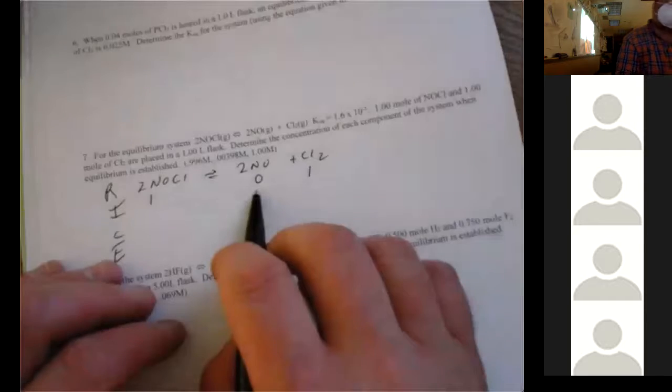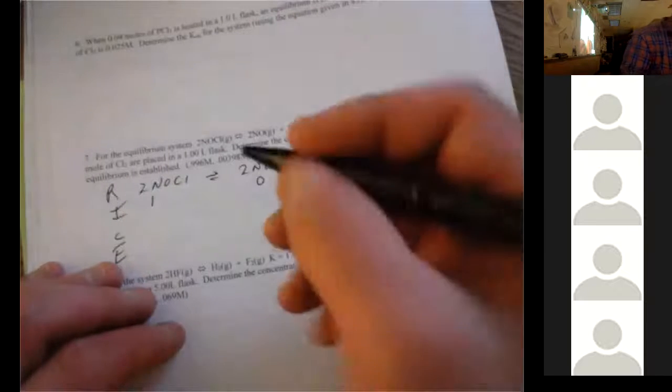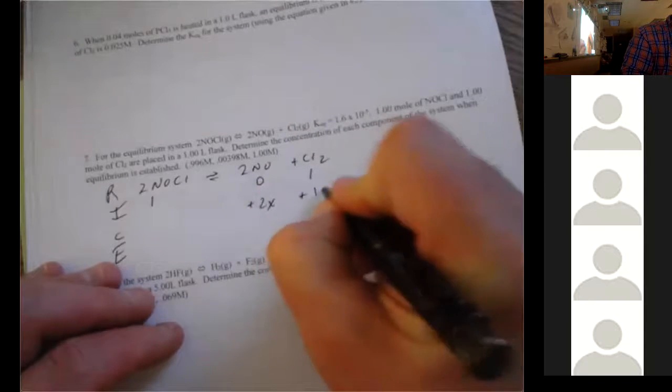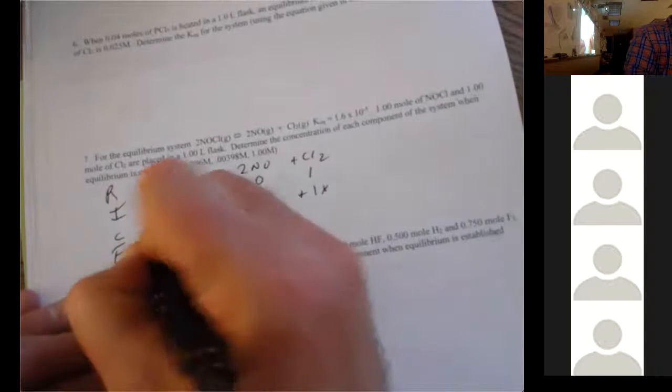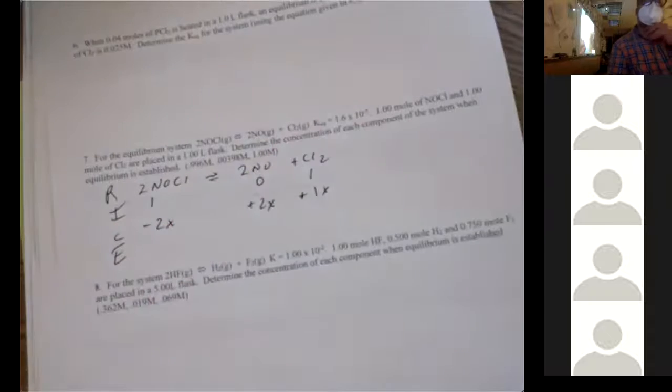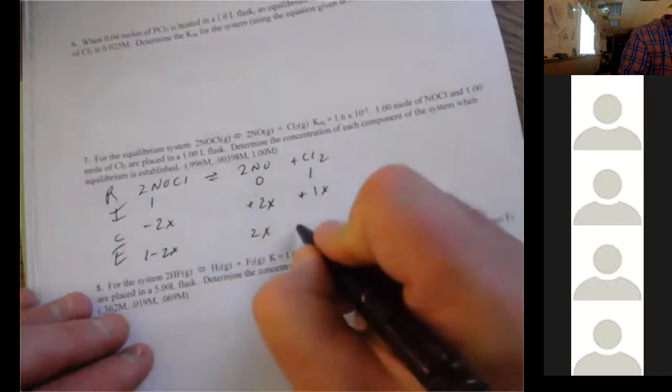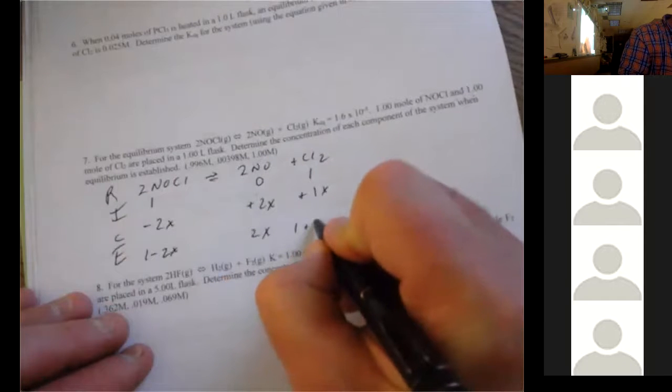NO. So which way is the reaction going to go? Forward or reverse? We don't have NO, so we're going to go forward. So that means we're going to get plus 2x for that, plus 1x for this, and minus 2x for this. So this will be 1 minus 2x, this will be 2x, and this will be 1 plus x.